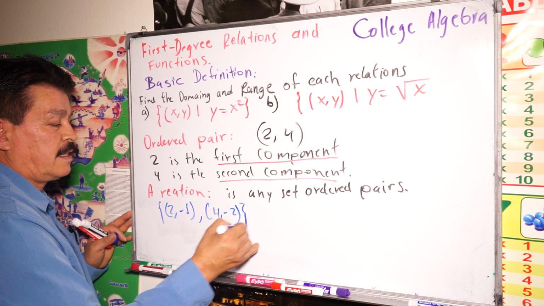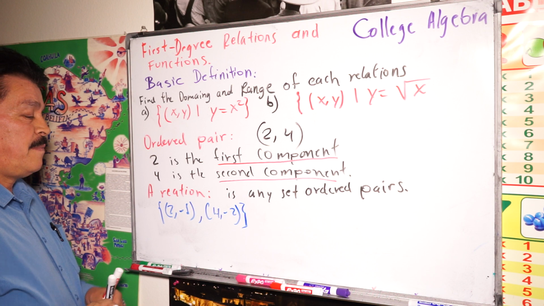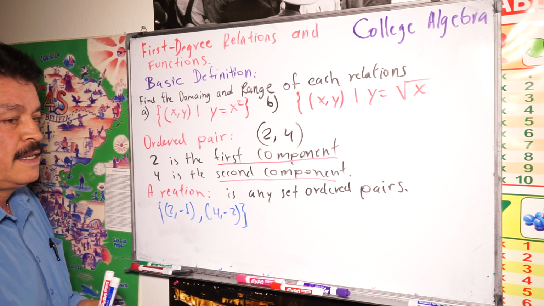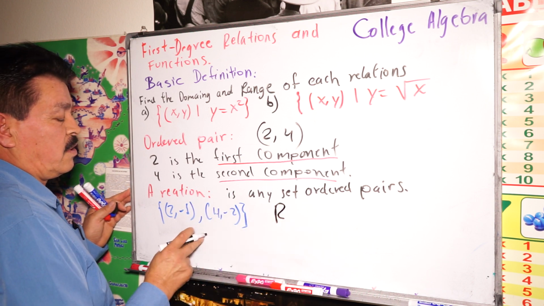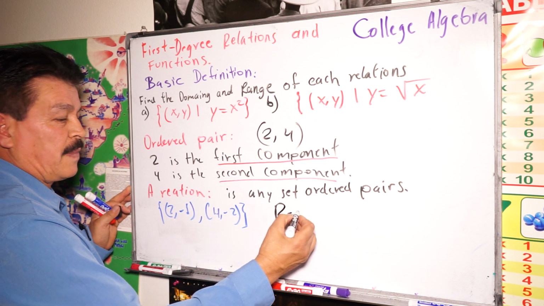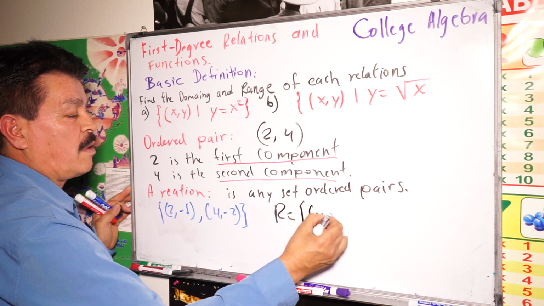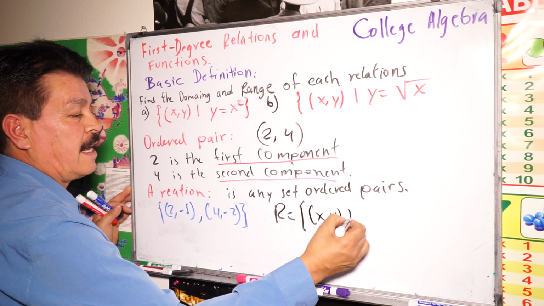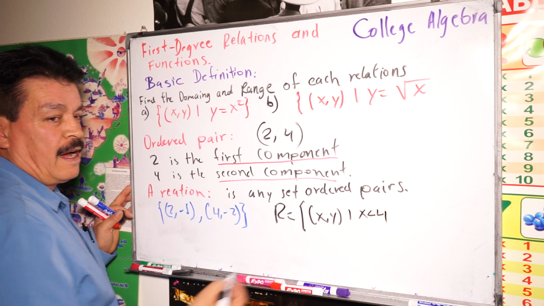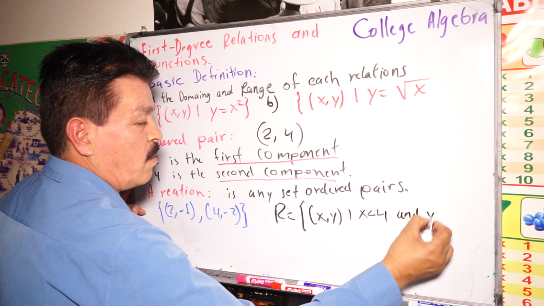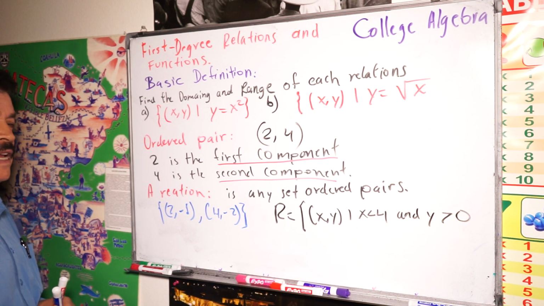This is a relation. You are also able to write it like this: the set of (x, y) such that x is less than 4 and y is greater than 0. So it's a relation.